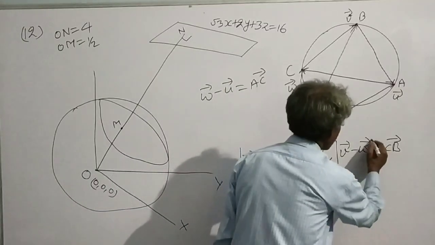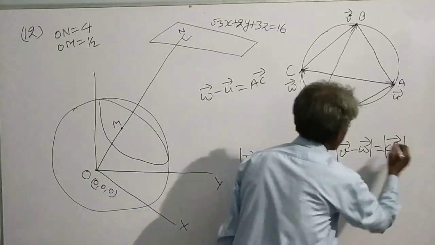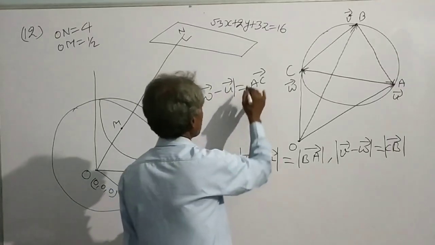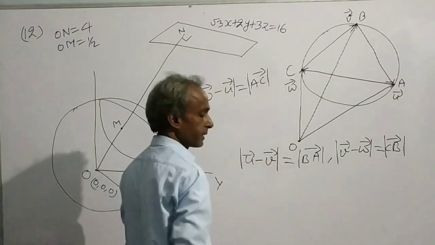Mod of V minus W will be equal to mod of CB. And mod of W minus U will be equal to mod of AC.